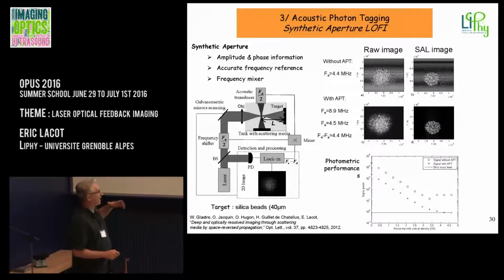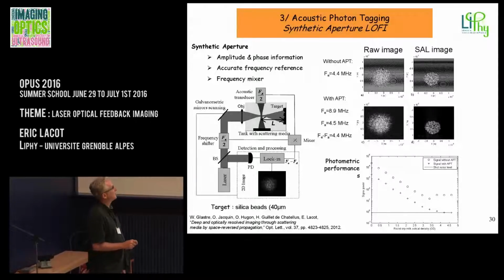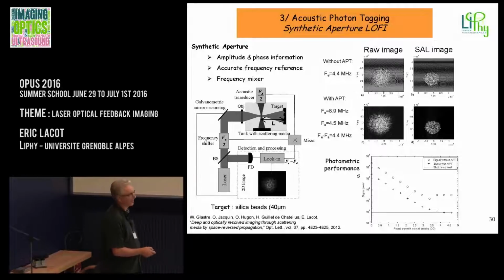To avoid any amplification due to the LOFI gain, the detection is made at the same frequency. So without acoustic photon tagging, the detection is made at 4.4 MHz, and again 4.4 MHz here, but by using the combination of 8.9 MHz minus 4.5 MHz.